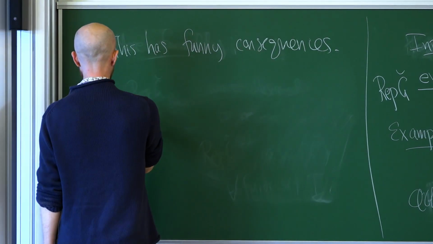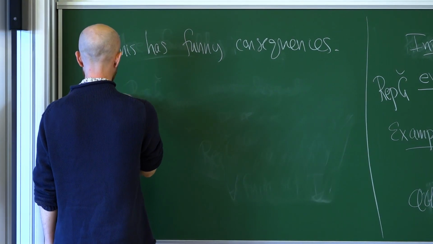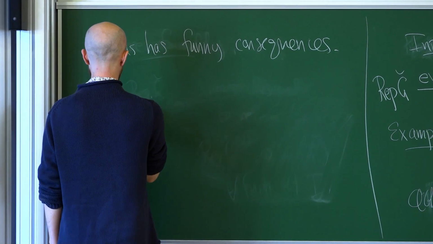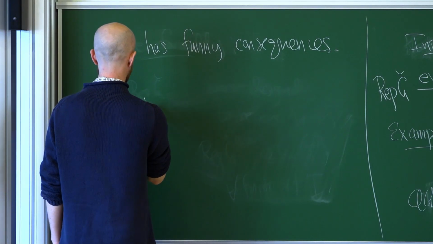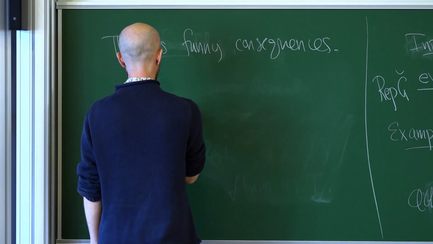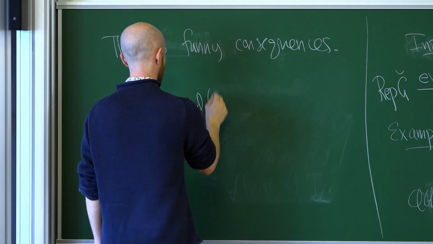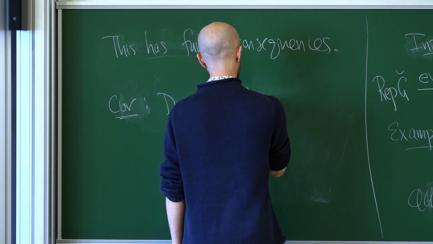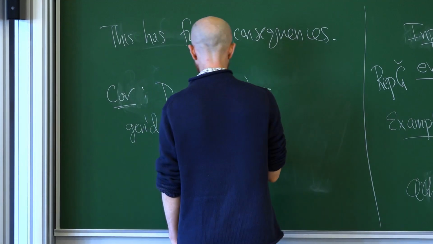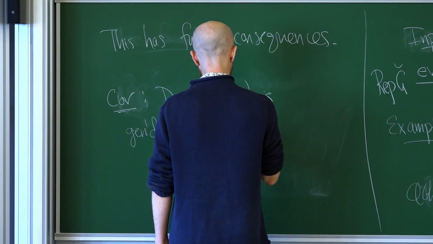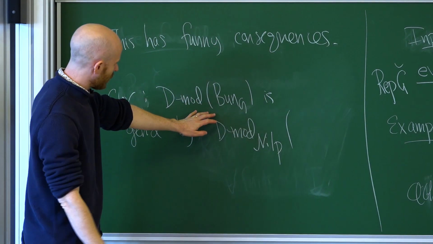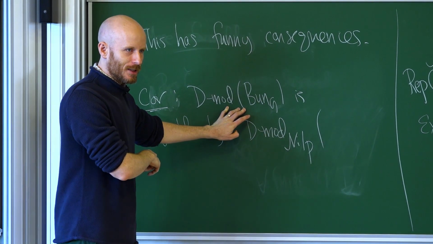So, for example, I want to claim the following. A corollary is the following: the category of D modules on Bun-G is generated by the following categories. Take D modules with nilpotent singular support. Again, this is a category that excludes non-holonomic D modules.